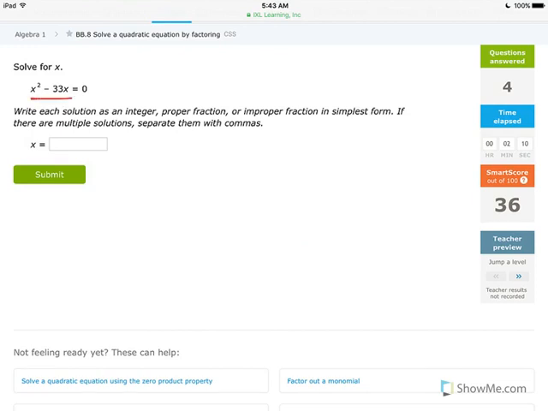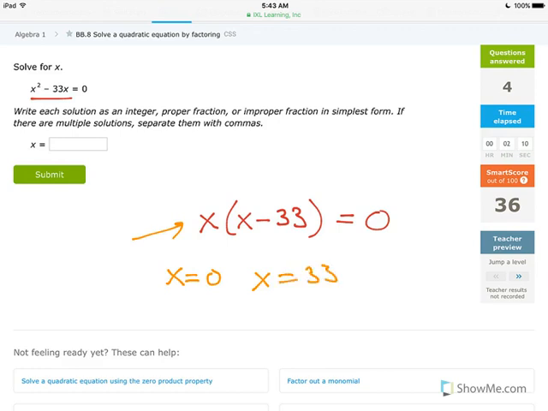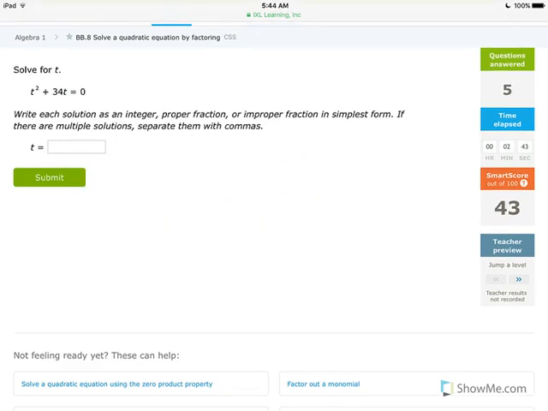And this one, they want us to factor off an x. And x minus 33 would be left behind, equals 0. So x needs to be 0 to make this factor 0, and x needs to be 33 to make that factor 0. And this one we can factor off a t.